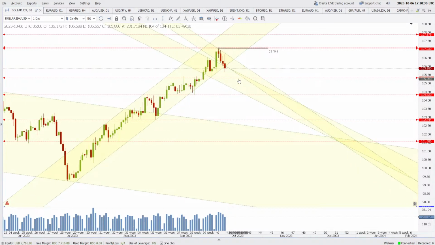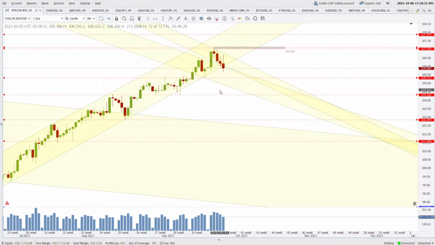All right, this is the daily chart, and I am not very confident about selling this market right now, because before making this high, after this high, the market made this low. This is a relevant low. Until this low is broken, we cannot be sure that the sellers have taken over.